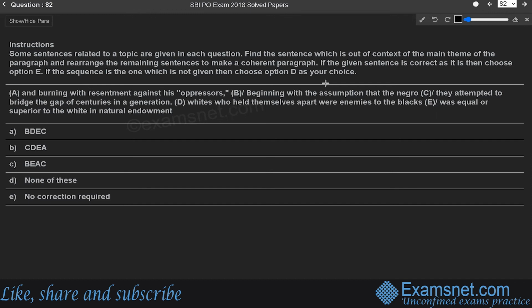Here you can see that C is concluding the sentence. So B, E, A, C forms a coherent sentence and sentence D is out of context here. It will not match with any of the given parts. So we can say that the correct form is B, E, A, C. So the correct option will be option number C, which is B, E, A, C.